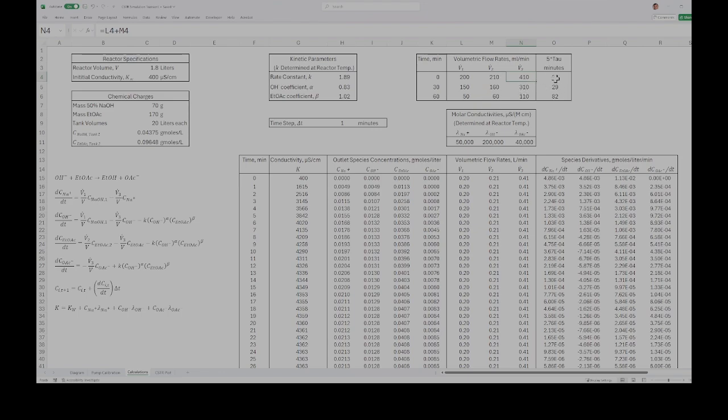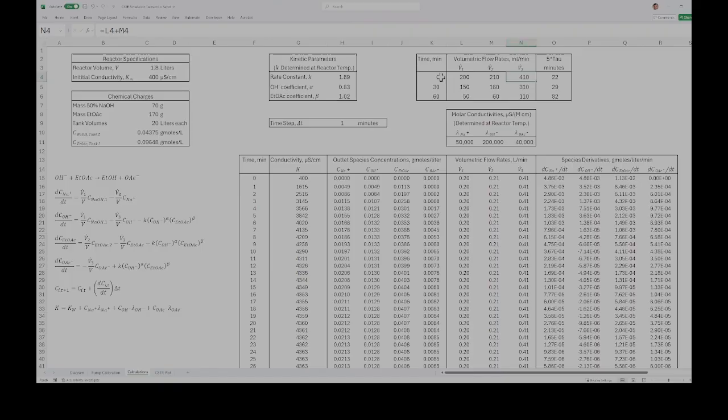And we also want to look at the residence time. Now, the residence time is equal to the volume of the reactor divided by the volumetric flow rate going through the reactor. And we have 1.8 liters for the volume of the reactor.